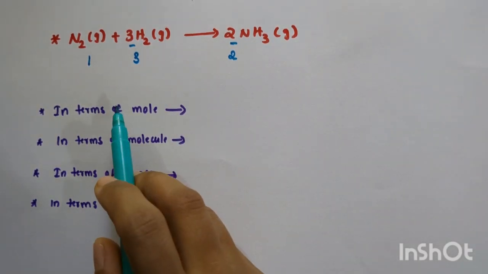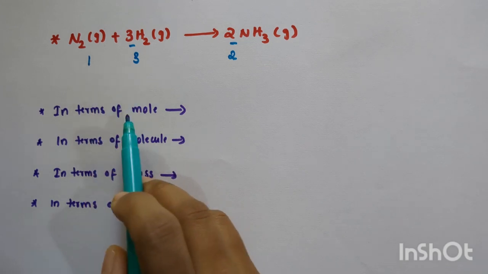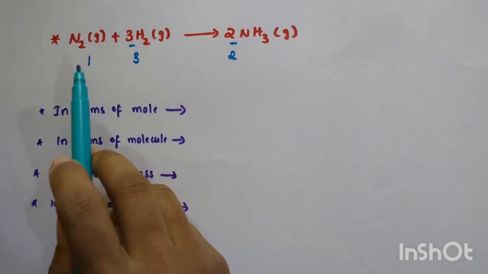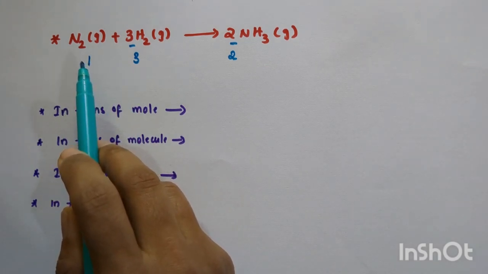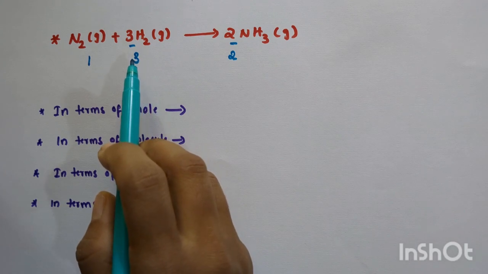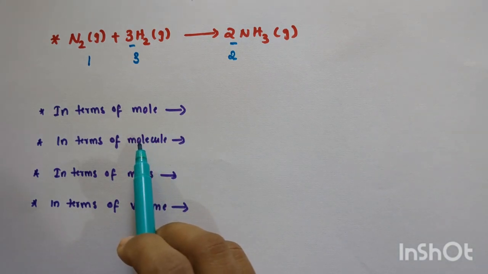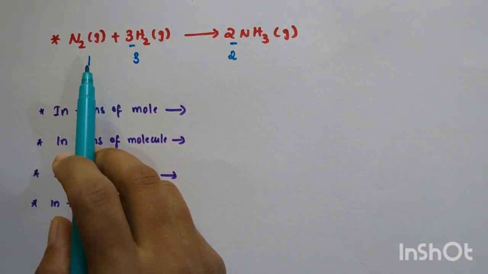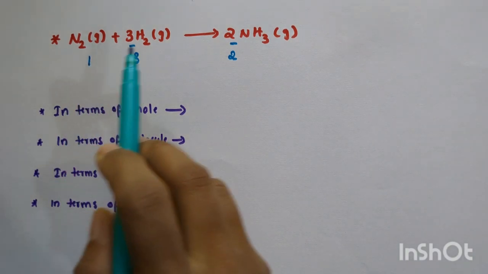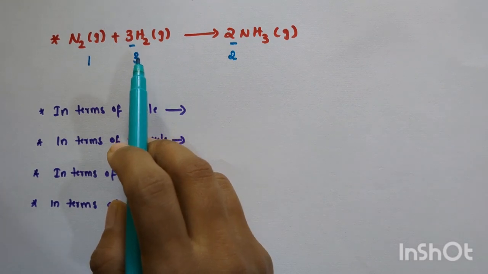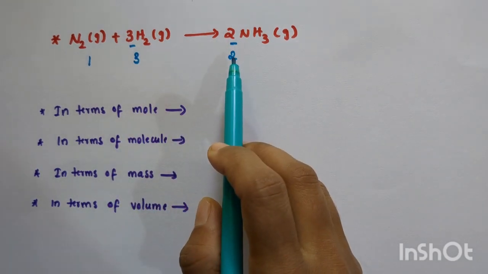So, according to this chemical reaction, in terms of moles, 1 mole of N2 gas reacts with 3 moles of hydrogen gas to give 2 moles of ammonia gas. In terms of molecules, 1 molecule of nitrogen gas reacts with 3 molecules of hydrogen gas to give 2 molecules of ammonia gas.